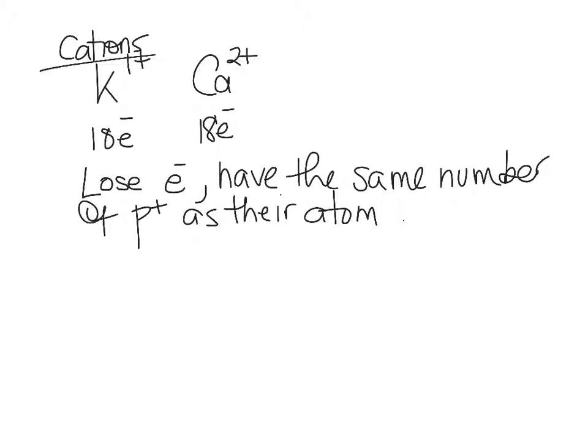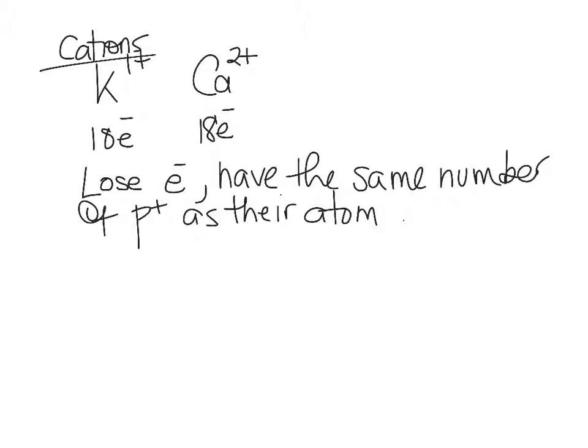So potassium still has 19 protons. Calcium still has 20. So what happens is protons repel each other because they're the same charge. Electrons repel each other because they've got the same charge. But protons and electrons attract each other.